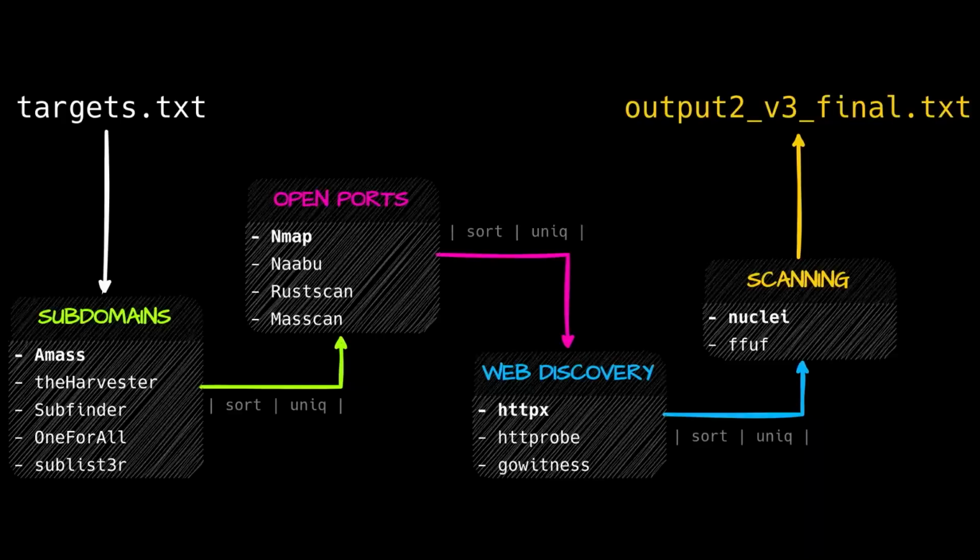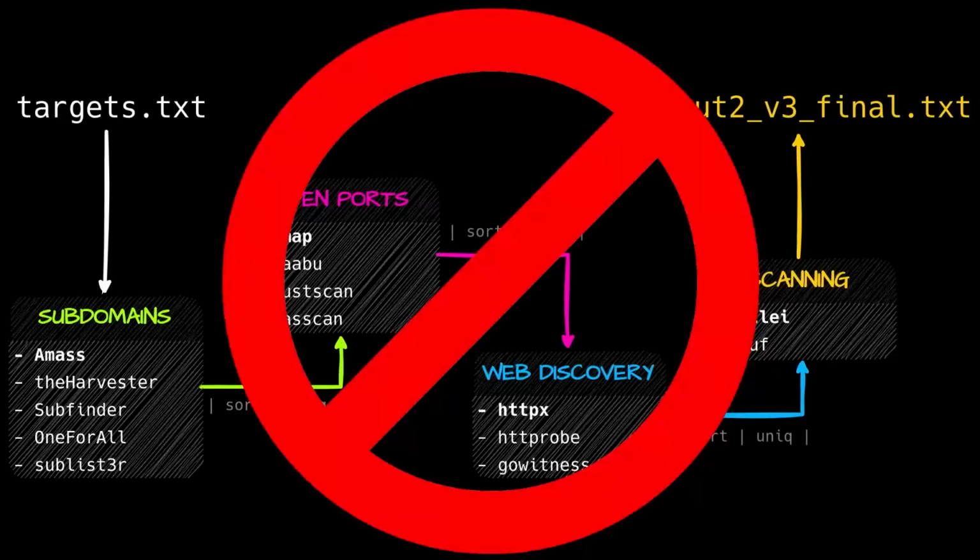Once you have the subdomains, you put those into a port scanner, put the open ports into a web tool like HTTPX, and then put the URLs into something like nuclei. So you have a very linear workflow, and very simple, makes a lot of sense, right? But this is not how BBOT works.